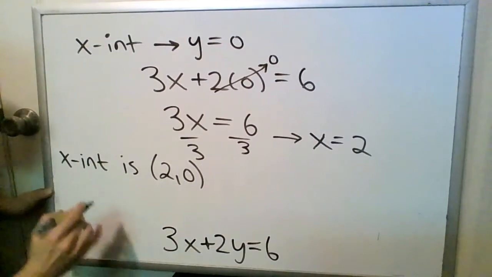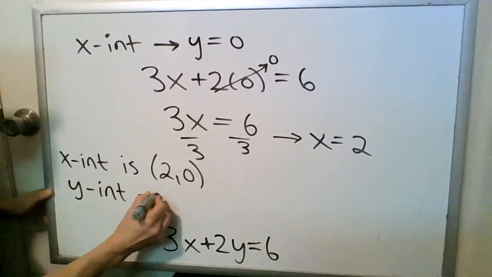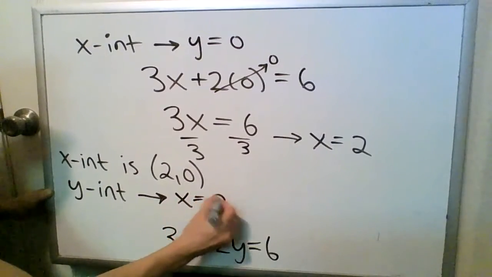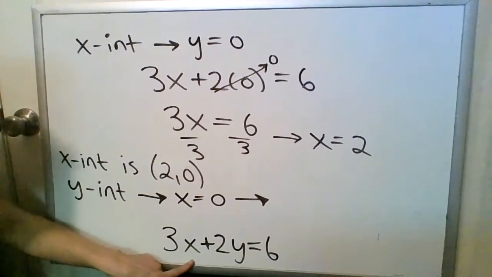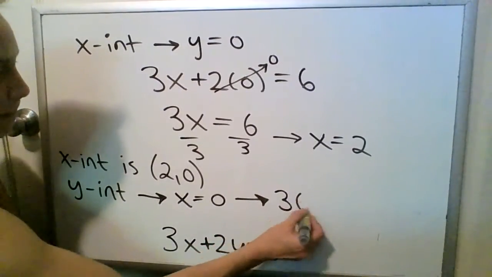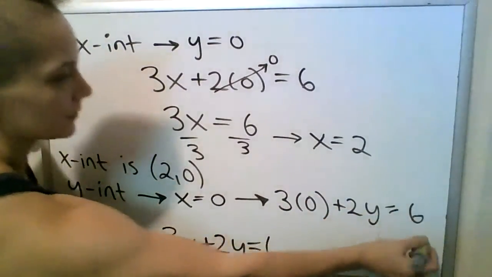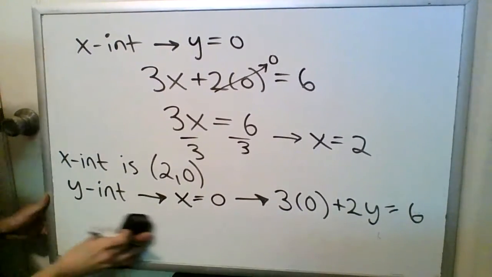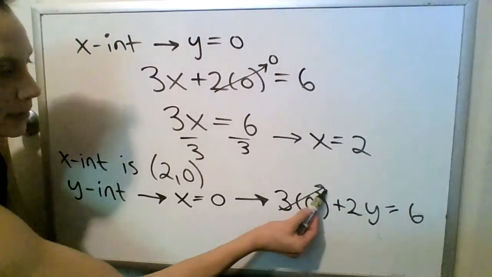Next one is the y-intercept. And in that case, put x equal to 0. Three times 0, add 2y, and it's equal to 6. Three times 0 is going to be 0.